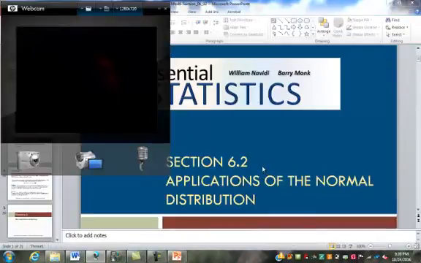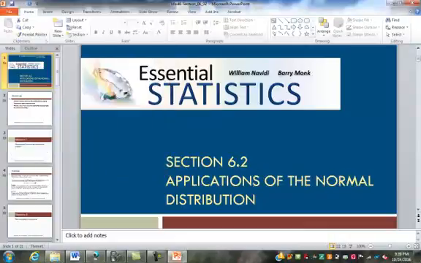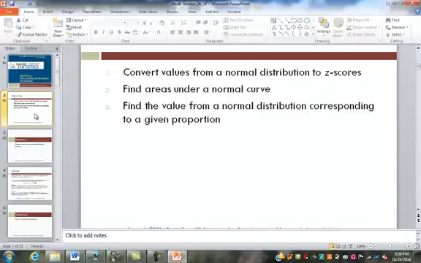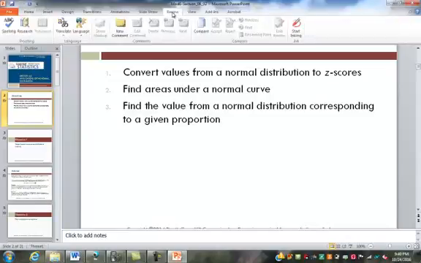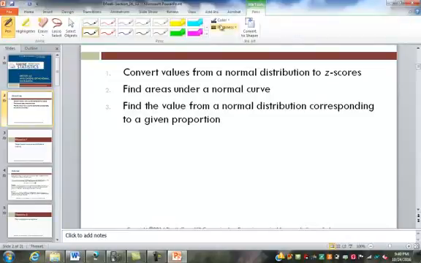Okay, so we've talked about the standard normal curve and z-scores. Now we're going to look at the applications of the normal distribution. So now for these, our mean is no longer going to be 0, and our standard deviation is no longer going to be 1. And this is, as I had mentioned before, one of our options is going to be to convert all of our values into z-scores.